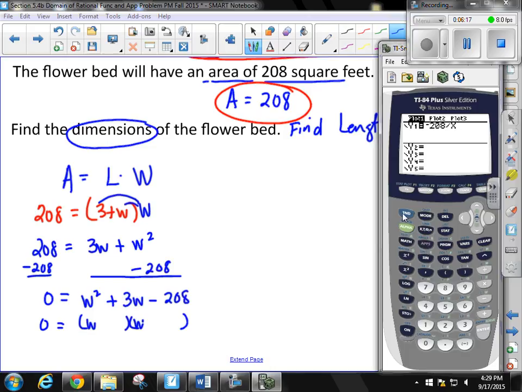Remember, table is second graph, and it's going to show me all the pairs of values that I can have. At 0, I get an error because I can't divide by 0. But if I look down here and I look for integer pairs, 4 and negative 52, will that add up to give me the correct middle term? No. So I'm going to scroll down my list of values here until I find the combination.